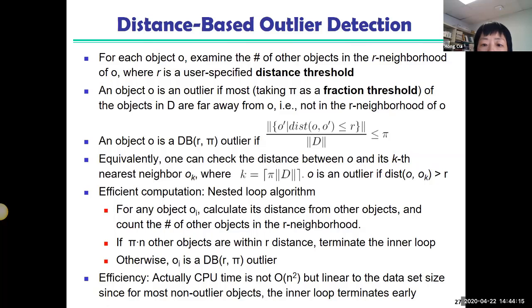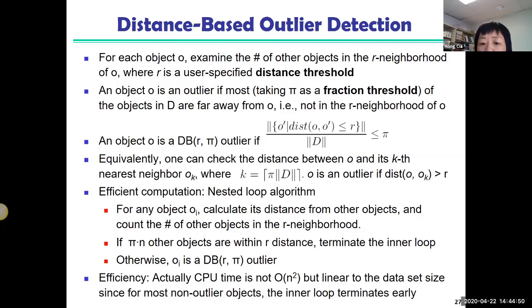So pi is basically saying within the R neighborhood of this O, how many data points are there? We need the proportion of the data points of the entire data set in O's neighborhood R to be greater than pi in order for that object to be considered a normal object.